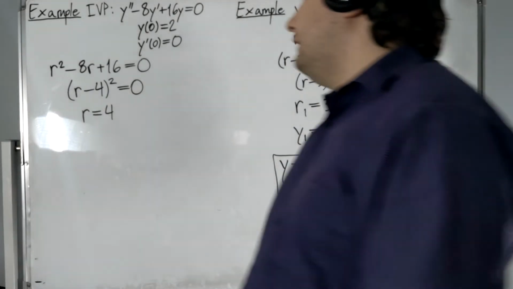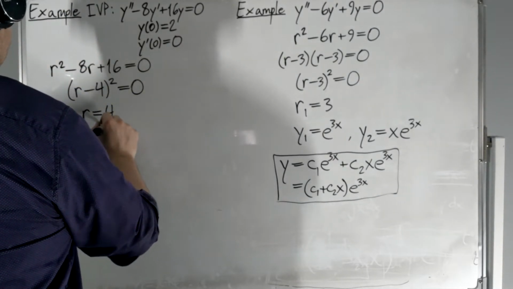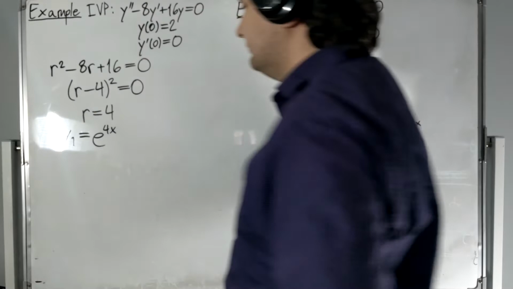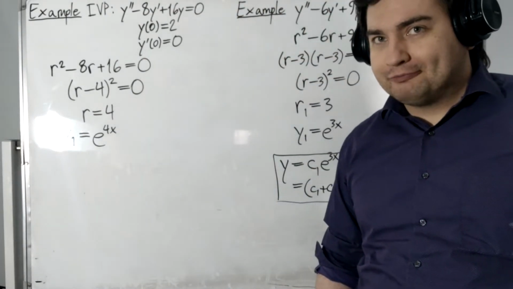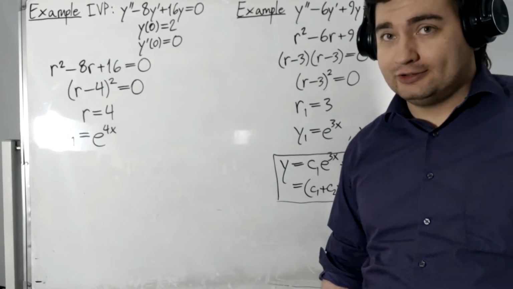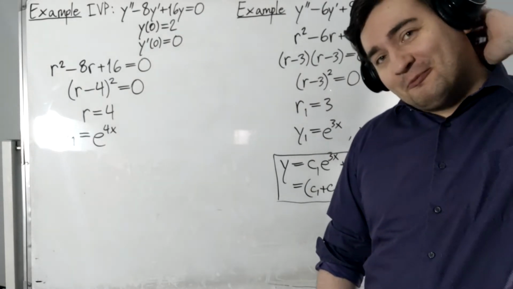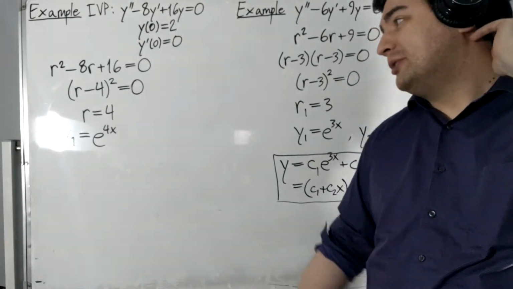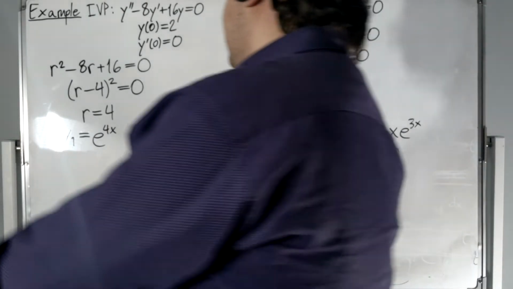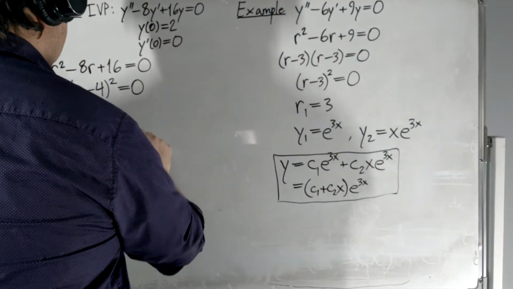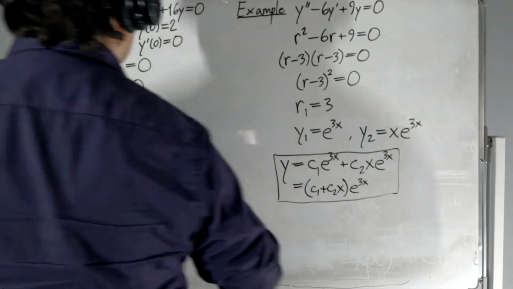That then gives us a solution: y1 is going to be e to the 4x. And then once again, we have no other root, so you can't construct the other solution based on the other root because it doesn't exist. But what we can do is just multiply this thing by x in order to get another solution. So y2 equals x e to the 4x.